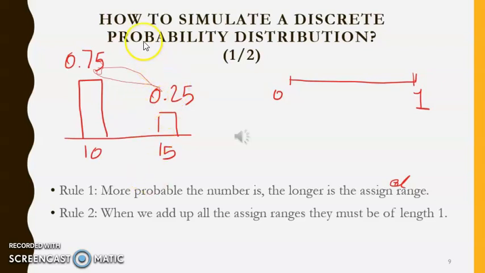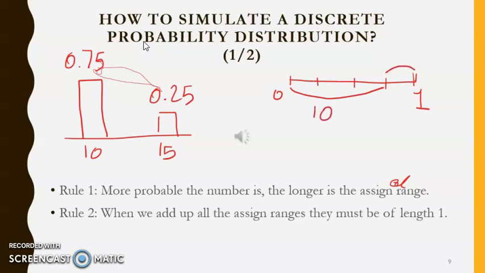How much longer? It depends on the probability. The probability of 10 is 75%. The probability of 15 is 25%. So 10 is 3 times 15 in terms of probability, so the assigned range must be 3 times the other one. If I divide this range into 4 quarters, the assigned range to 10 would be 0 to 75%, and to 15 is 75% to 1.